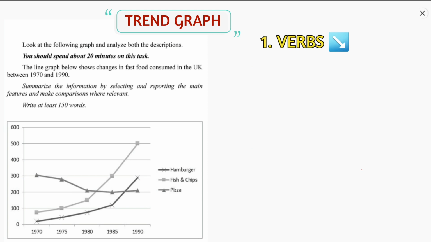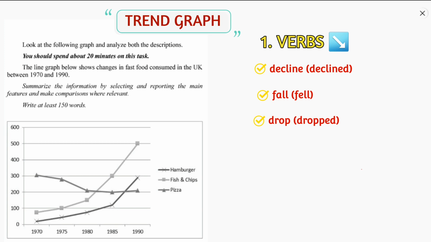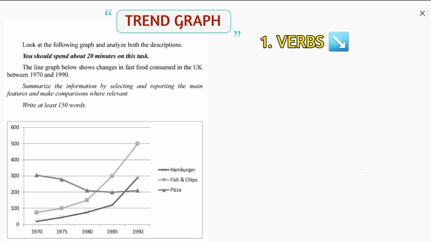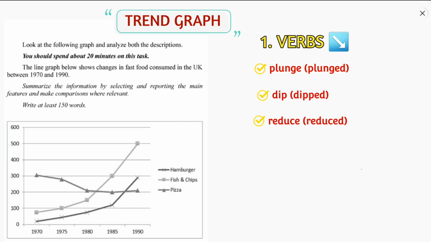Now we'll see what verbs and nouns we can use for a downward trend. So let's see what verbs we can use: decline or declined, fall or fell, drop or dropped, decrease or decreased, plummet or plummeted, go down or went down, plunge or plunged, dip or dipped, reduce or reduced, right?